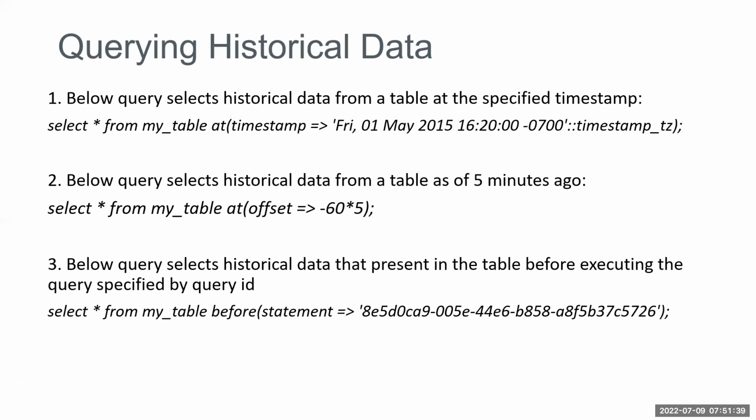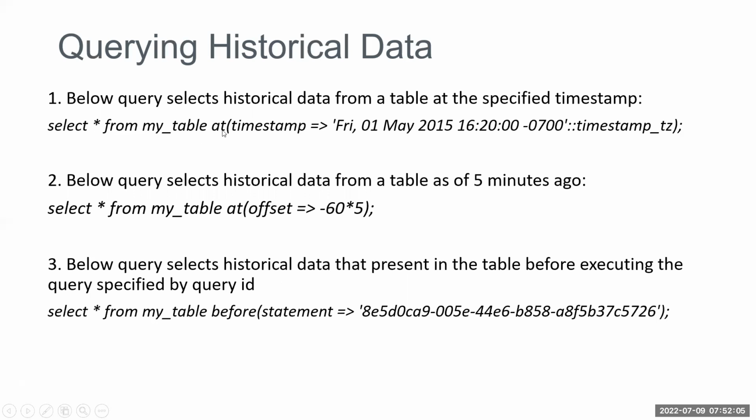And this is how we use actual SQL statements to bring the data back, or to query the history data. If you see, the first one: the below query selects historical data from a table at a specified timestamp. Select star from table at, this is the keyword we have to use.